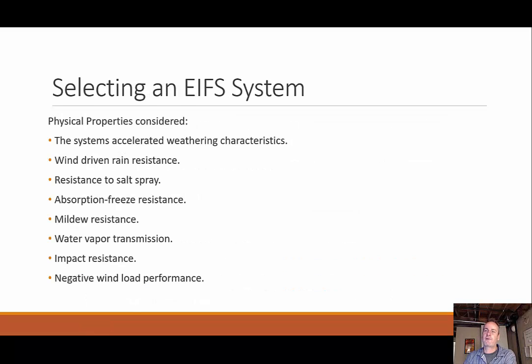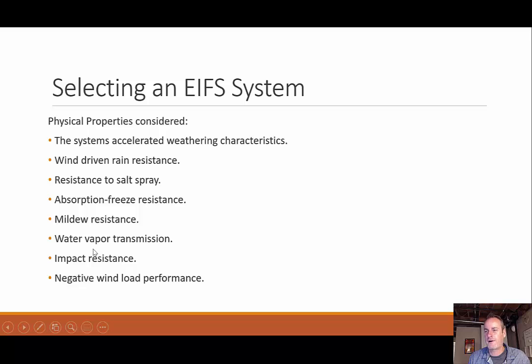So when we are selecting, what do we want to consider? The weathering characteristics of the system, meaning how will weathering affect the overall product, right? How will it start to degrade with different types of weathering and its effects? Wind-driven rain resistance, resistance to salt spray, absorption and freeze resistance. If water does get in there and freezes, how resistant is that to falling apart?